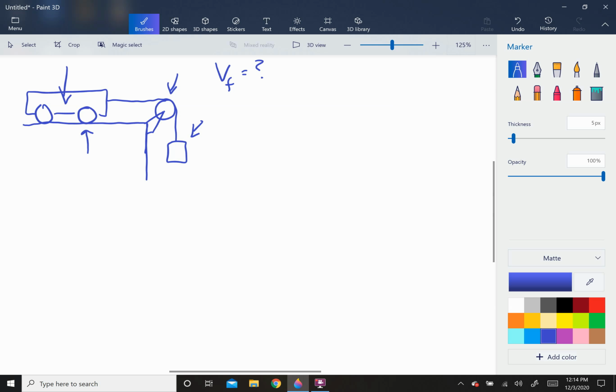So let's solve this thing using conservation of mechanical energy, just real slow and careful, just like we did the other one, okay? So C of ME says UI plus KI plus work non-conservative equals UF plus KF, okay?